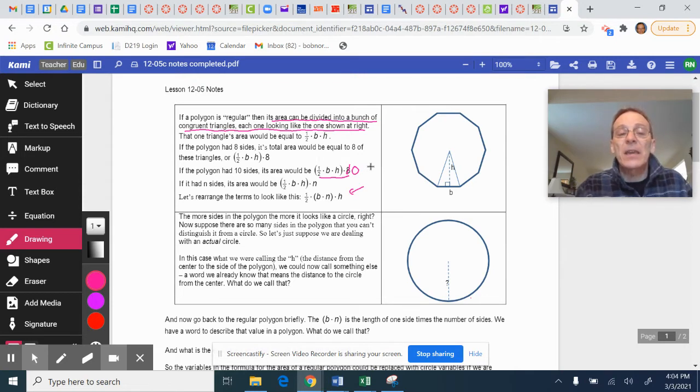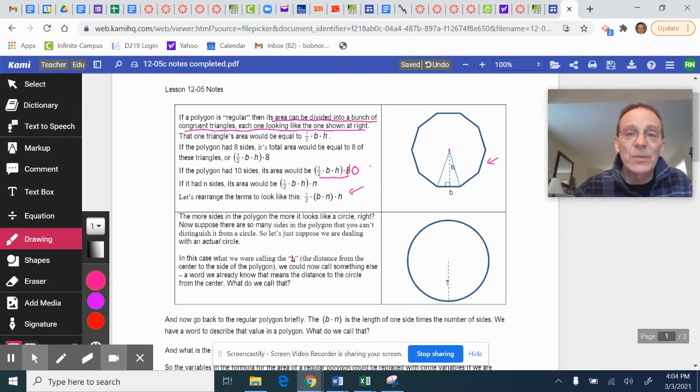Okay. In that case, what we were calling the h up in this diagram, which is the distance from the center of the polygon to a side of the polygon, we could call something else because we have a word for that distance from the center of a circle to the edge of the circle.